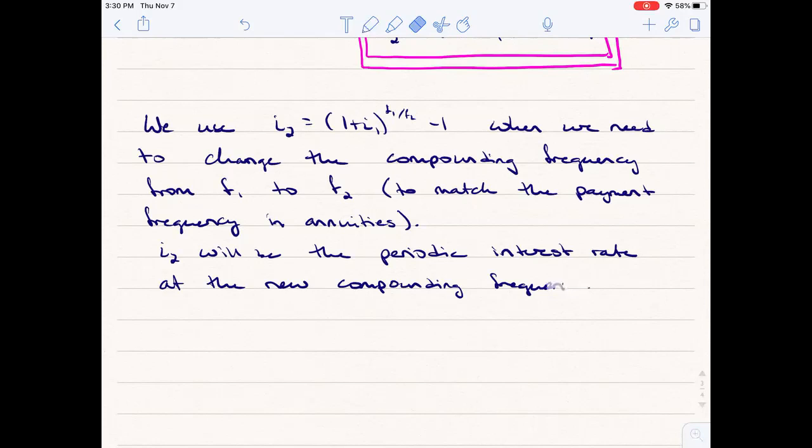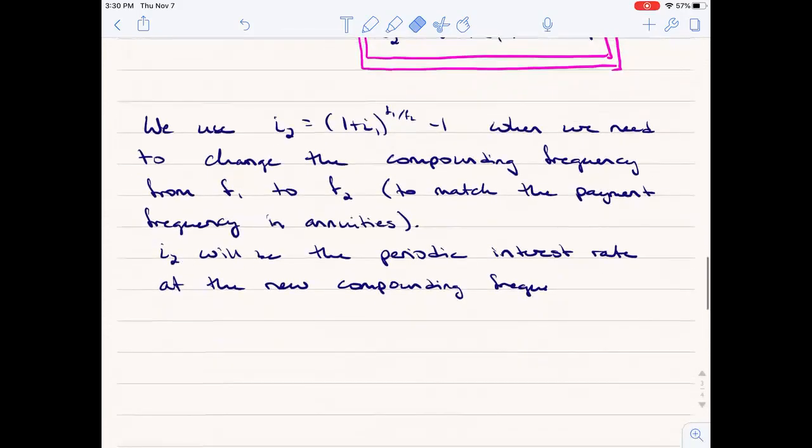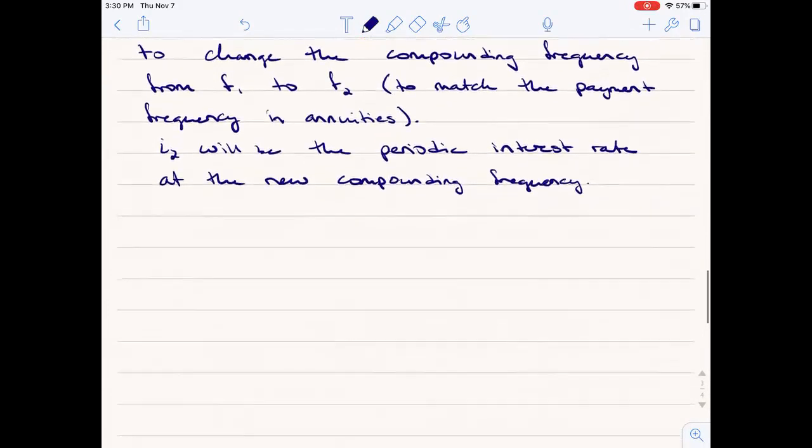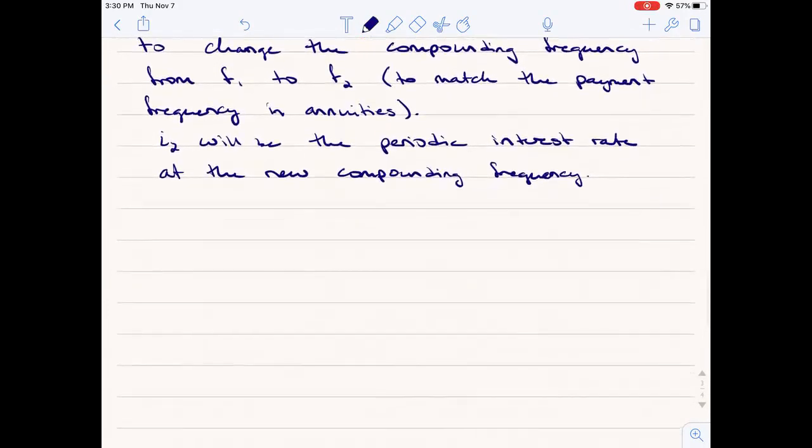It's messy. So just to recap here, I2 is 1 plus I1 to the power of F1 over F2, then minus 1.